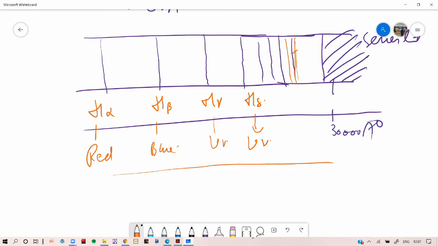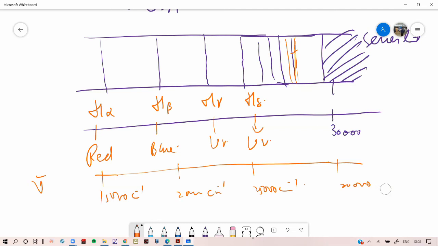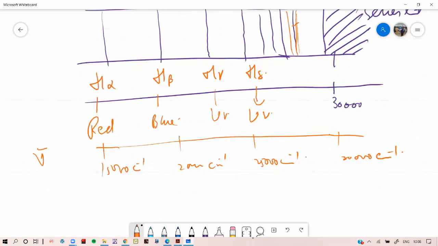Here the wave numbers are 15,000, 20,000, 25,000, and 30,000 centimeter inverse, not angstrom, sorry, because the spectrum is represented in wave numbers.